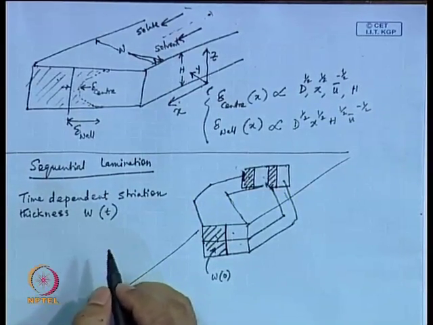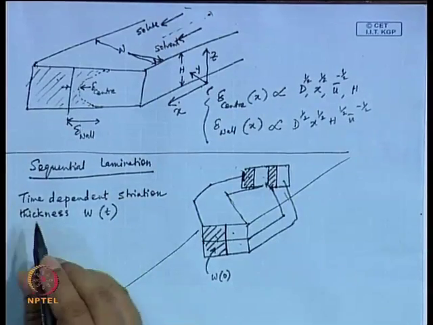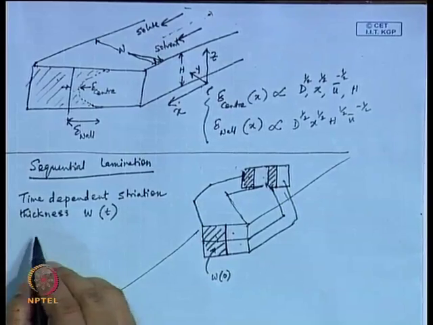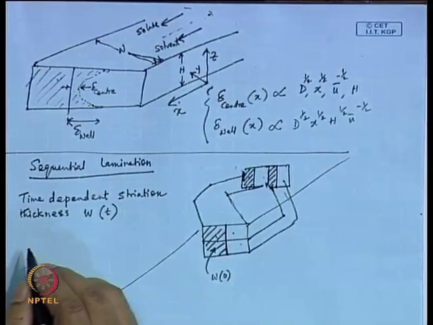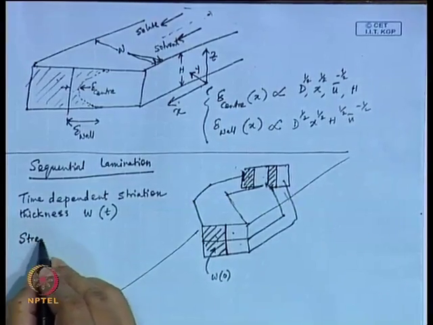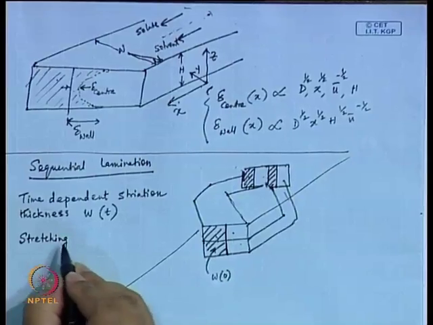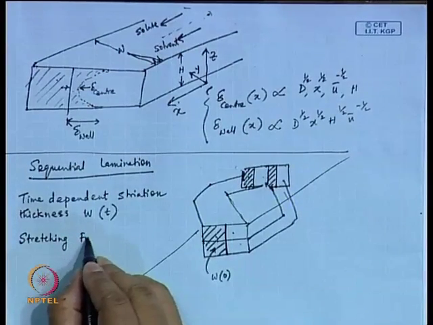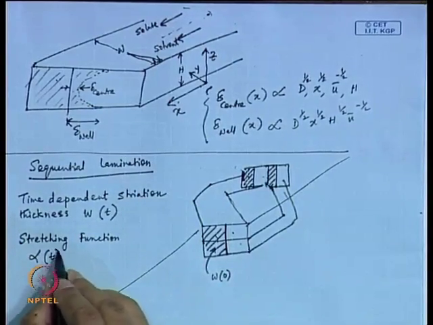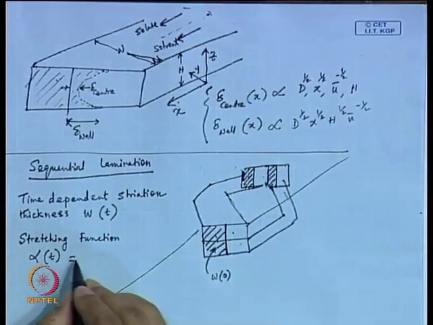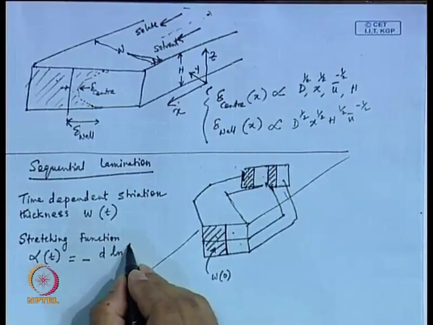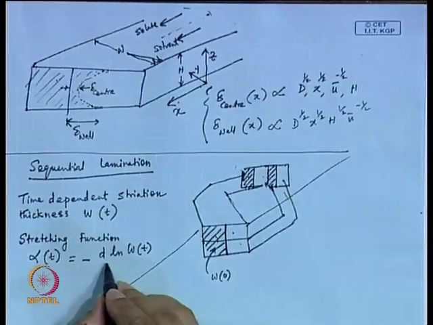What I am going to do next is define something called a stretching function, which I will call alpha t, and this alpha t is equal to minus of d ln W t dt.